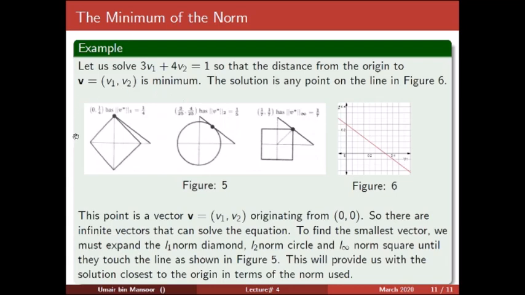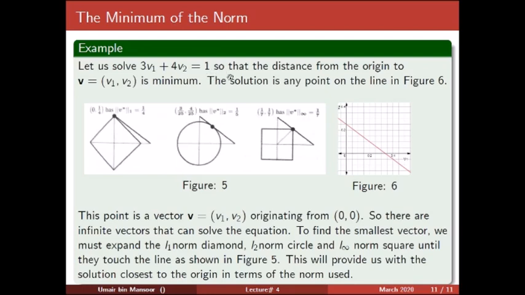Now let's look at figure number 5 and figure number 6, and take an example. Let's take the equation of a line, 3v1 plus 4v2 equals 1.